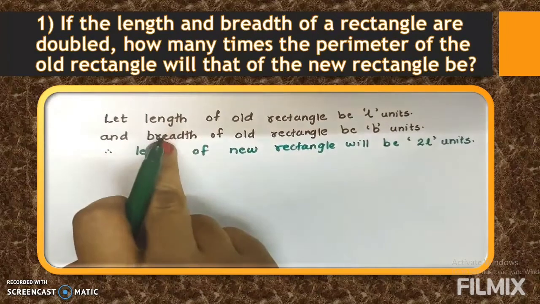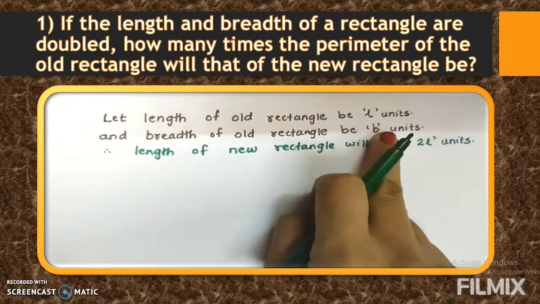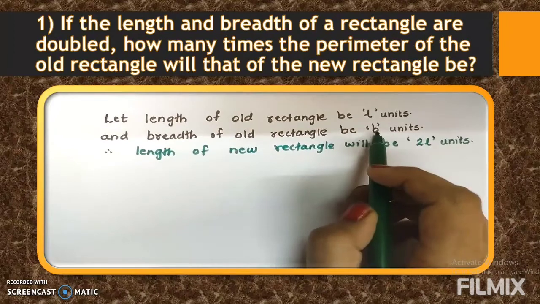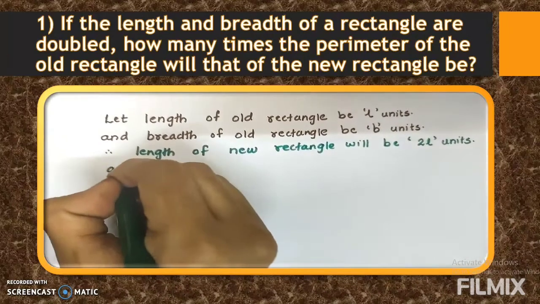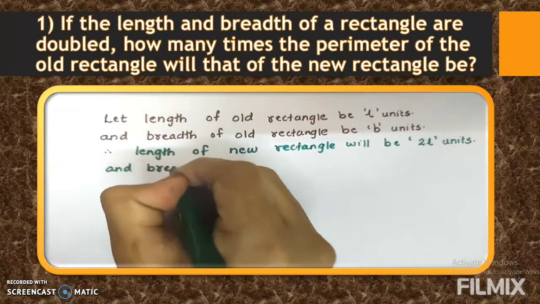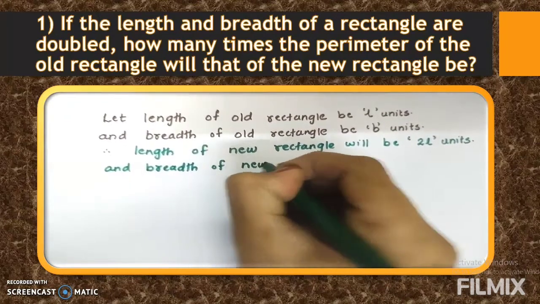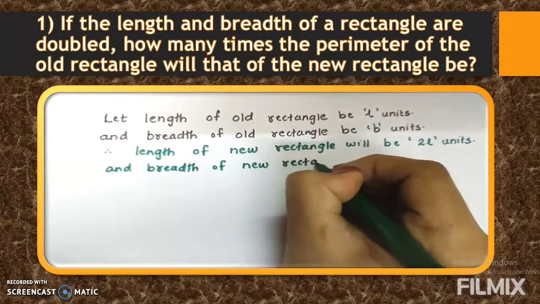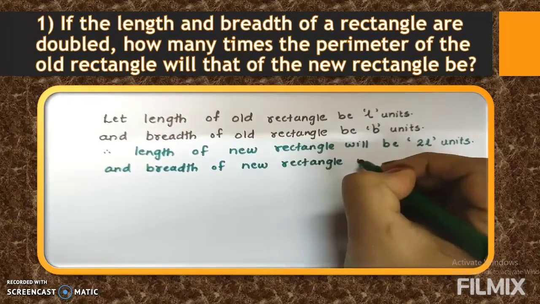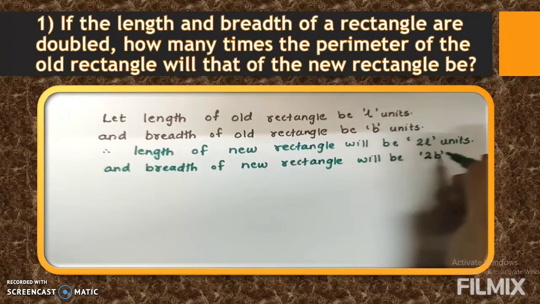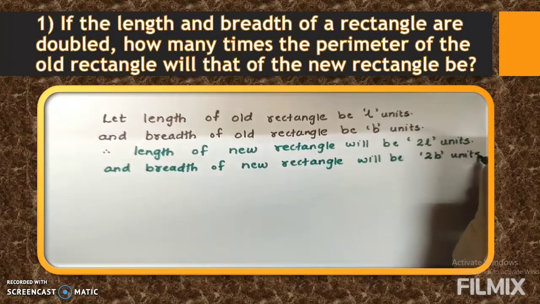In the same way, as breadth of old rectangle is B, so what will be its breadth? New one's breadth will be double of it, so double of B will become 2B. So we'll write, and breadth of new rectangle will be what? 2B units.